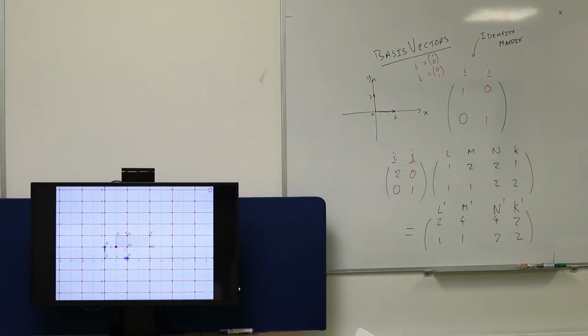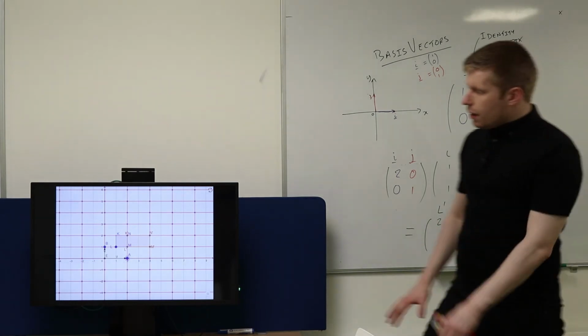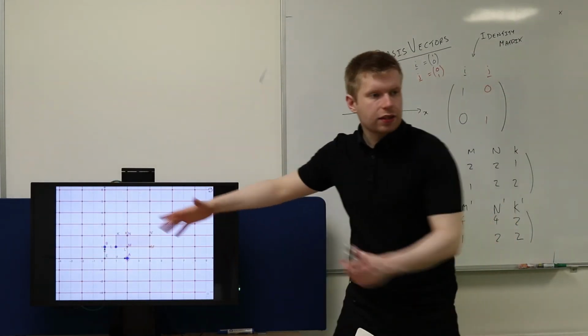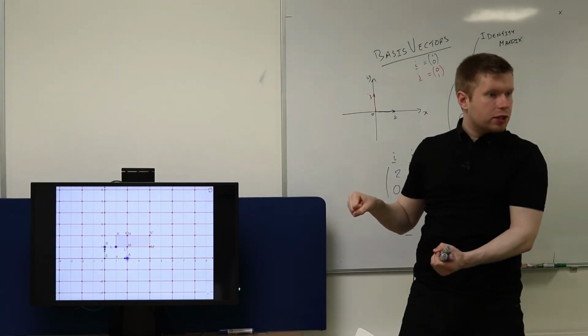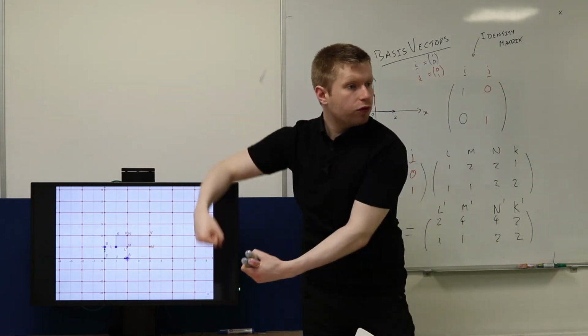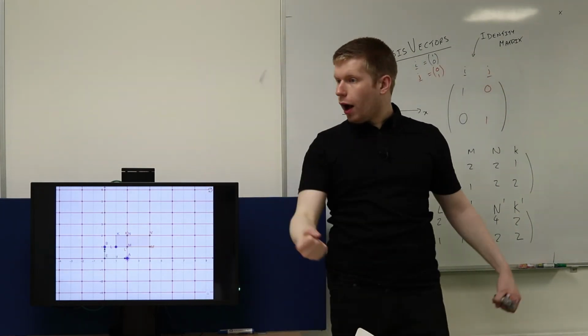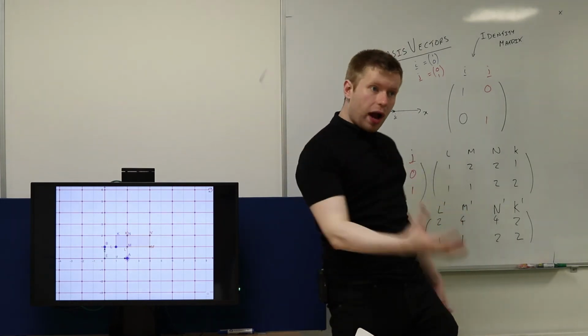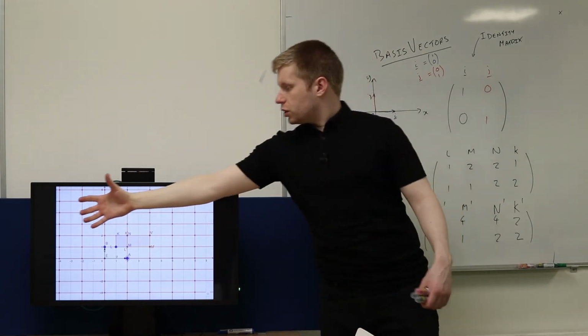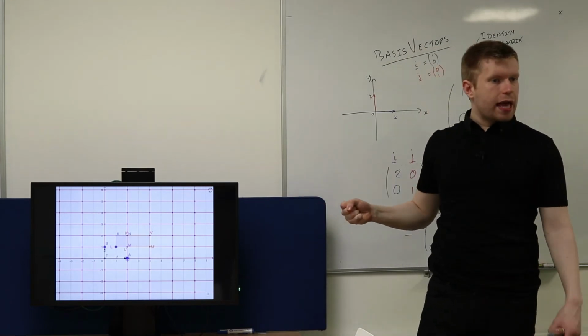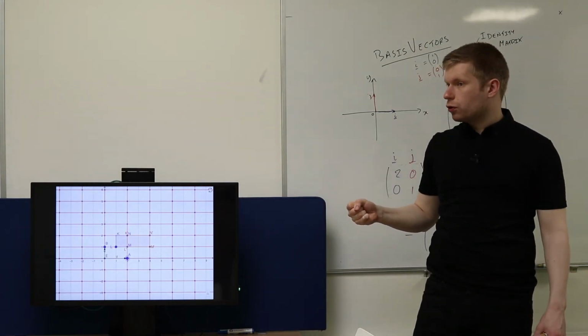But J was staying exactly where it was. You can see that the entire coordinate grid has effectively been pulled that way by 2. Do you see that? But it's not being pulled vertically at all. So the way I would describe this transformation is as a stretch parallel to the x-axis by a scale factor of 2.